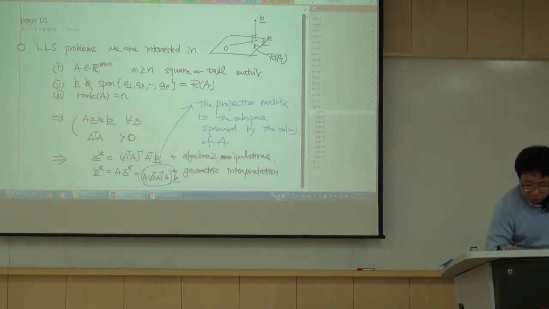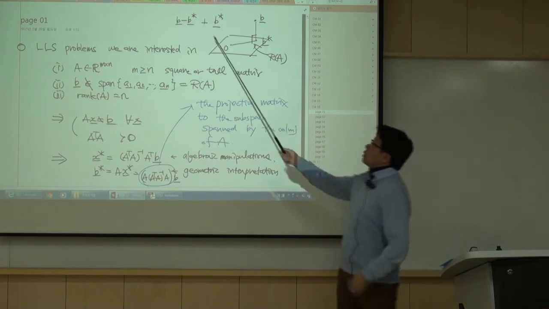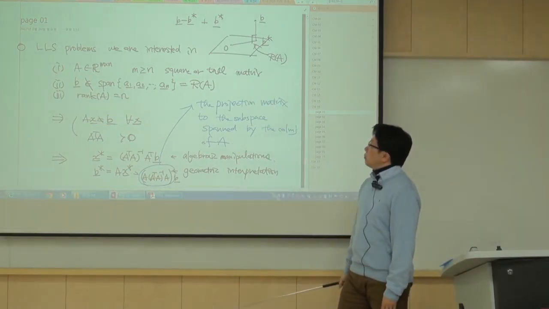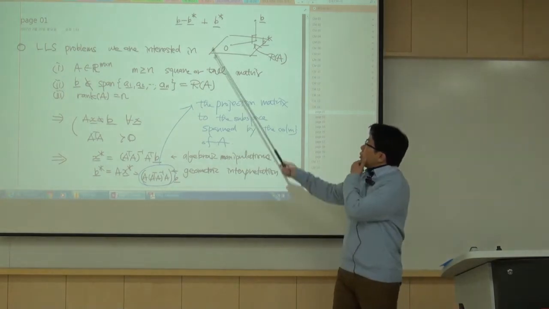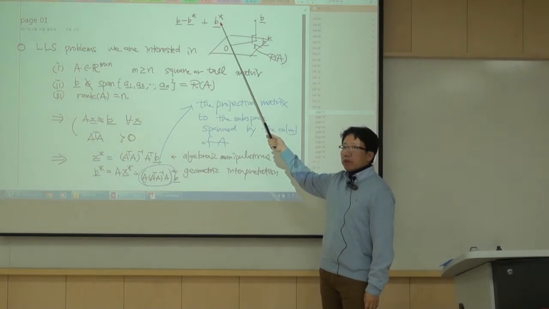So b minus b star must be perpendicular to this b star. And this is called the orthogonality principle. By the way, your solution can also be obtained from the orthogonality principle.